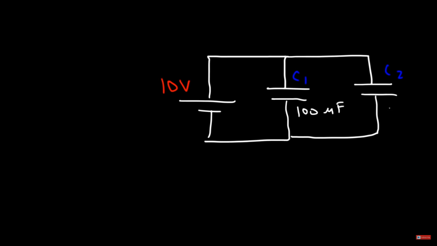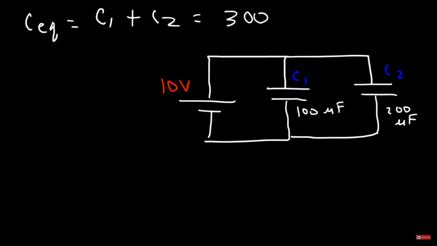The second capacitor has a value of 200 microfarads. What is the equivalent capacitance? For parallel circuits, the equivalent capacitance is simply the sum of all capacitors connected in parallel. So it's 100 plus 200 is 300 microfarads. And that's all you need to do to find the equivalent capacitance.